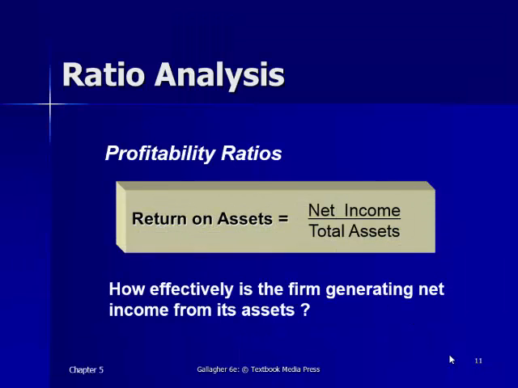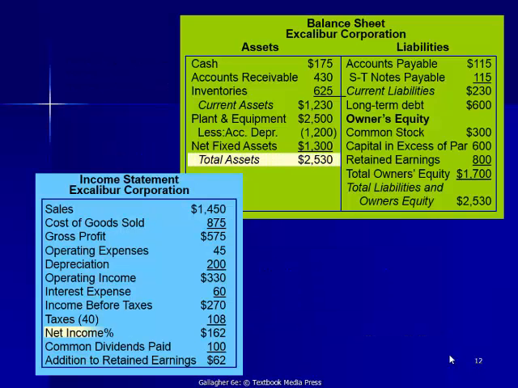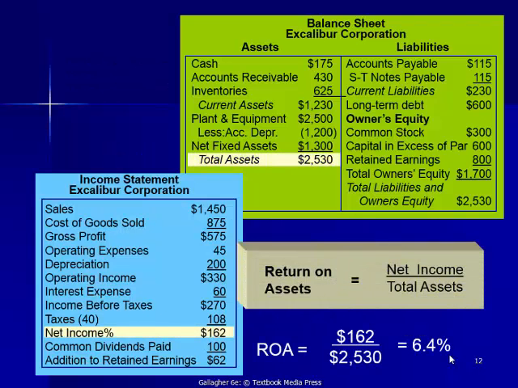Next, we get into a different kind of profitability ratio. This is in the category of what we call a mixed ratio, because it mixes two different financial statements, the income statement and the balance sheet. So this particular firm has net income that equals 6.4% of the amount of its total assets.